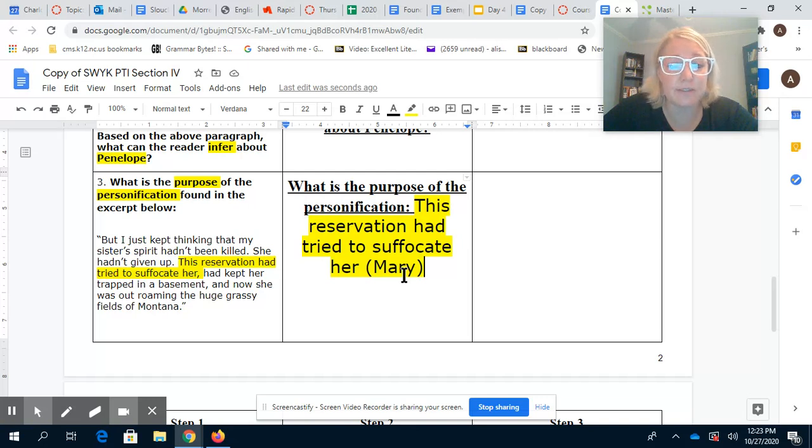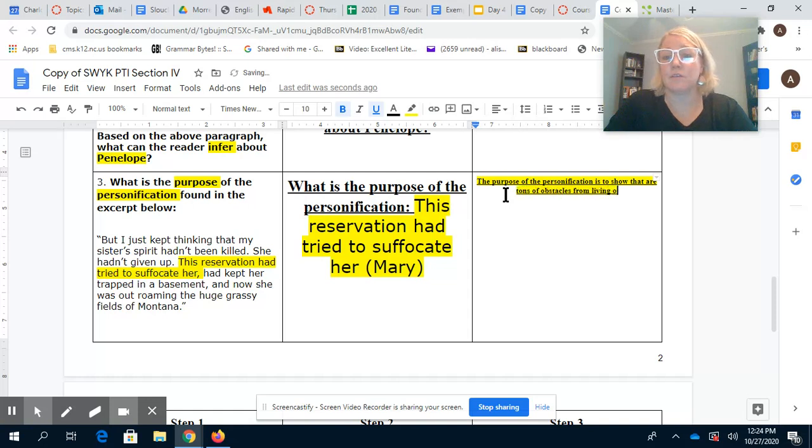So what's the purpose? If the reservation tried to kill her, the purpose of the personification is to show maybe that there are tons of obstacles from living on the reservation, and that's why Mary ends up running away, right, with that gambler.